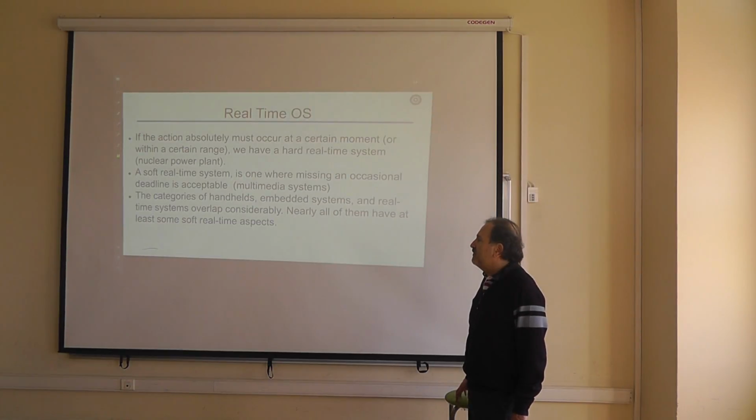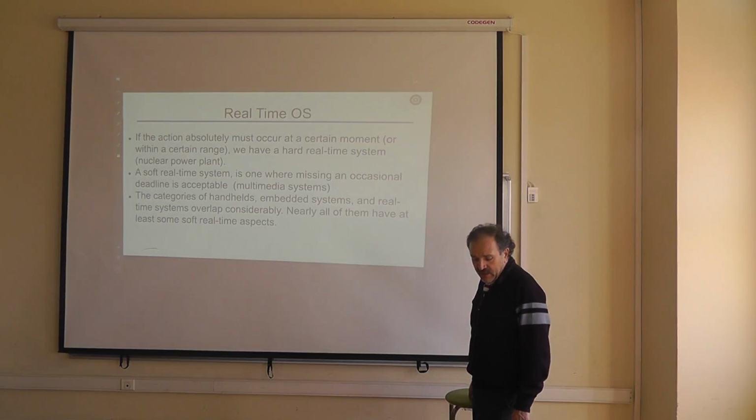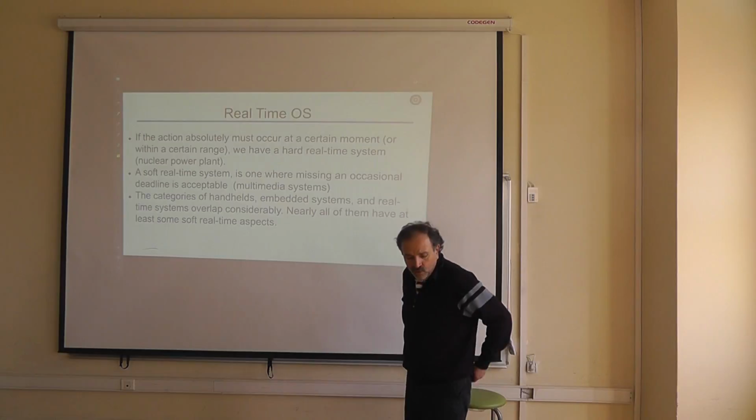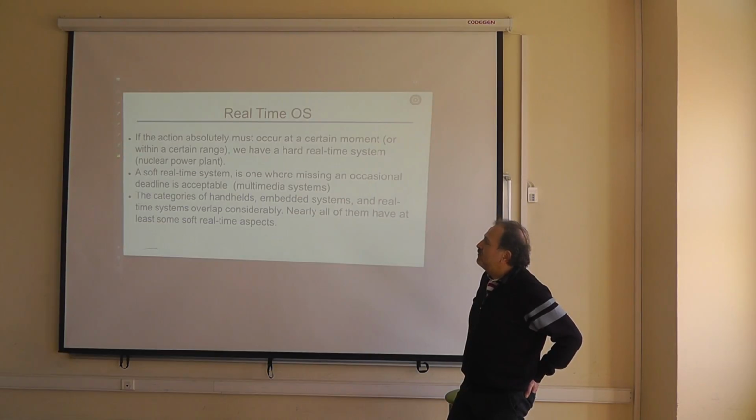It might take half a second, it might take a few milliseconds, or sometimes it might take a minute to complete some of the jobs if you are transferring some data from a different place. With the real-time operating system, when you make a system call, the operating system guarantees that it will finish the system call in a given amount of time. It is either 100 milliseconds or 50 milliseconds, we don't know.